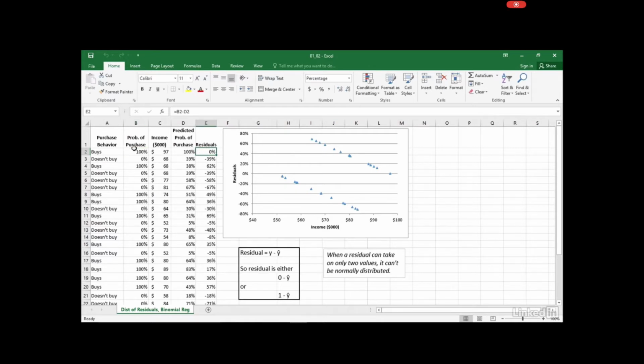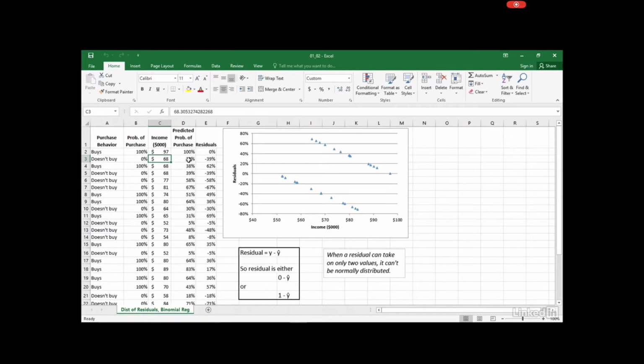So 100% is the actual probability of purchase. 100% in this case is also the predicted probability of purchase for a residual of 0. In other words, we predicted this person's behavior perfectly. On the other hand, for the person in row 3 who does not buy the house, the regression equation tells us that he is 39% likely to purchase the house with an income of $68,000.